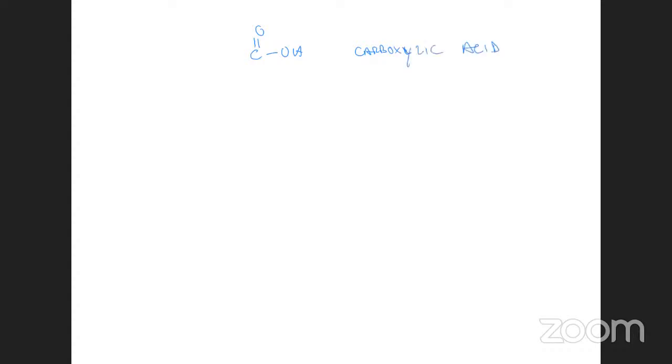The reason you need to know this functional group is because when you name the compound, there's a priority order. So you use that one to name the compounds. Now, you would not know the priority order if you don't know about the functional groups. That's why I'm starting with this one, carboxylic acid. Now, this carboxylic acid could be attached to that pyridine I told you earlier.